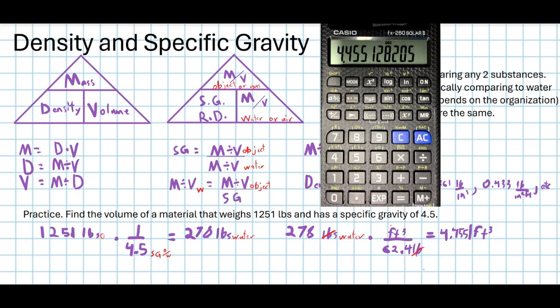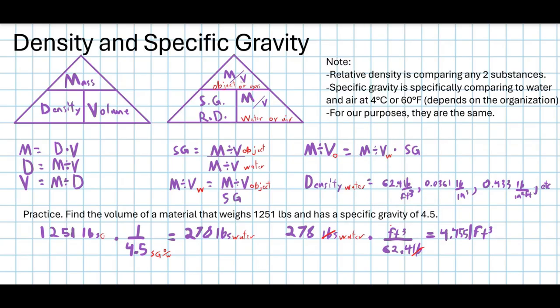So the most accurate way to show this number is 4.4551 cubic feet. Now, going back to our question, we started with a mass of an object and a specific gravity. We didn't know the volume, but we know that the volume of our object must be the same as the volume of our water in this comparison. So I know for my question here that the volume of my object is also going to be equal to 4.4551 cubic feet.